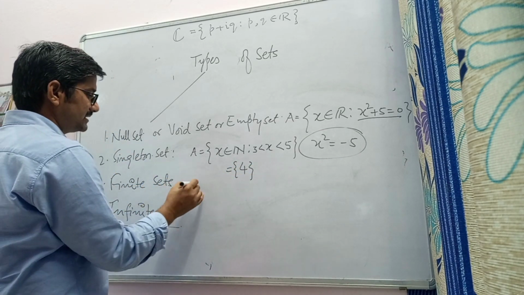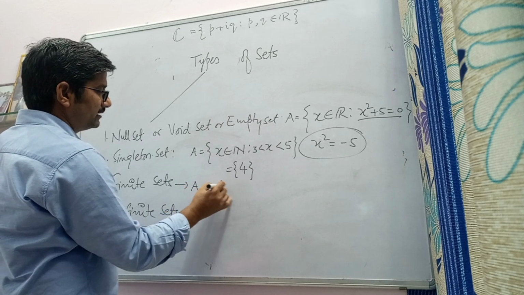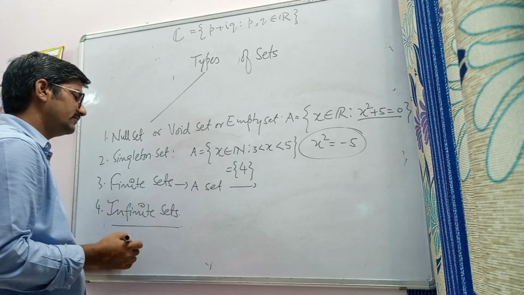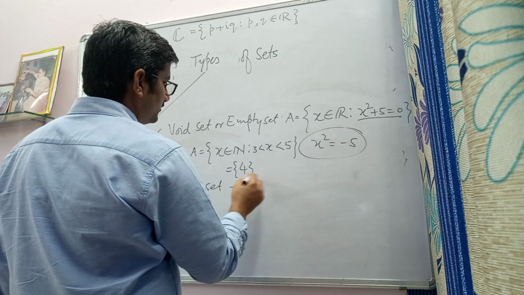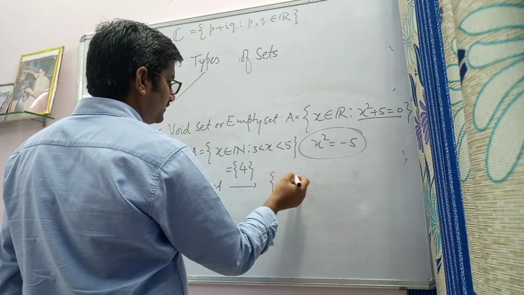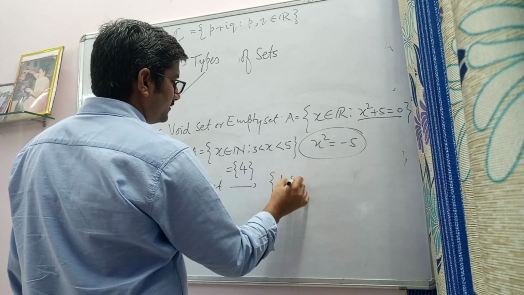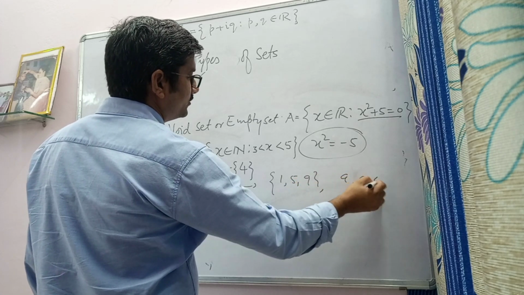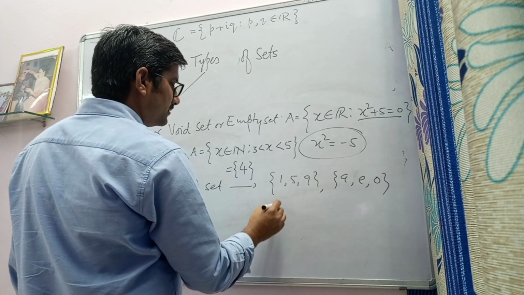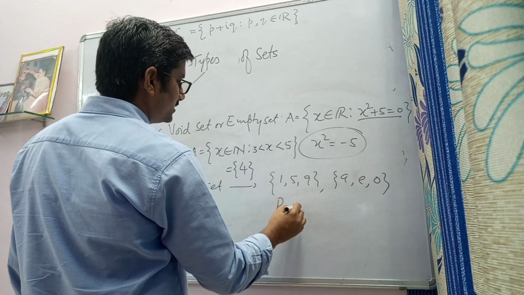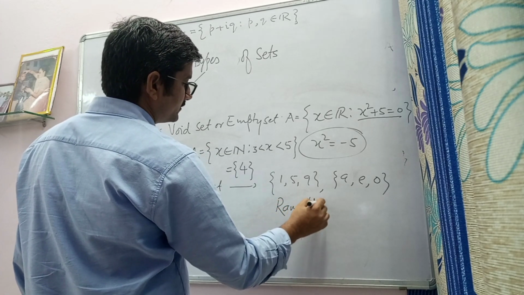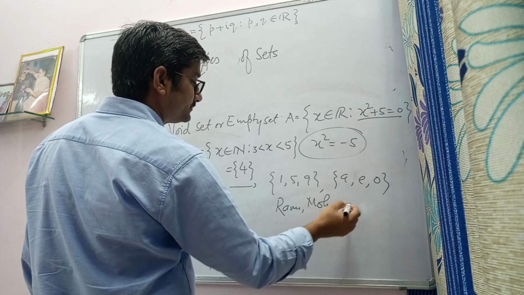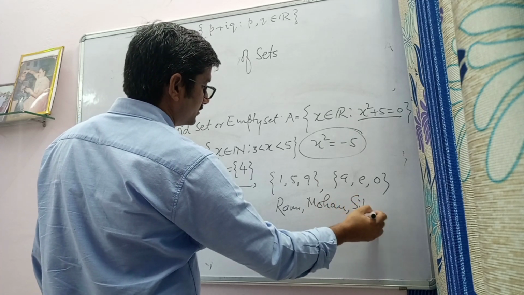Finite set: if a set has a finite number of elements, it is said to be a finite set. You can give many examples of finite sets, say {1, 5, 9}, or {A, E, O}. You can write the members of a family, Ram, Mohan, Sita, and so on.